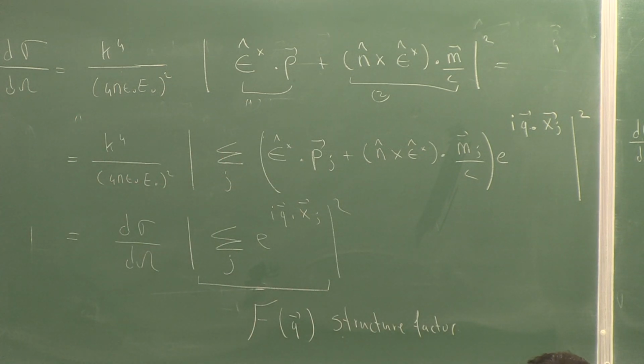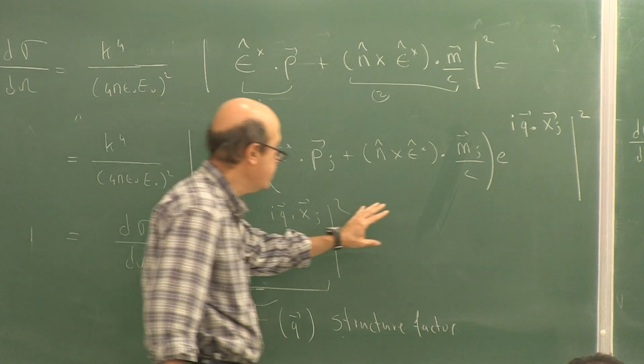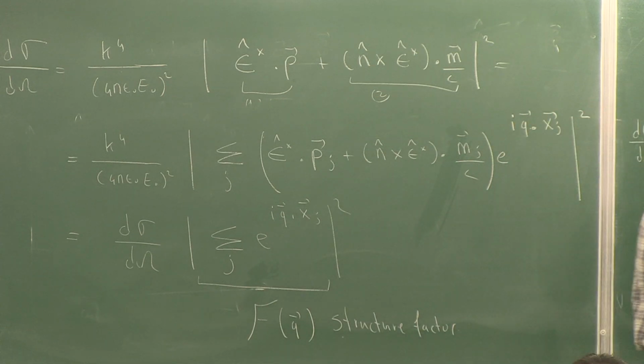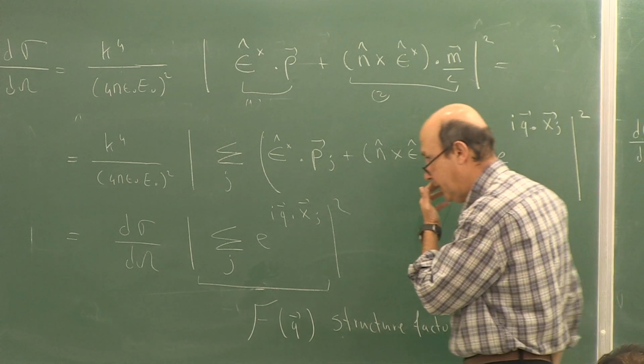So if you have a collection of scatterers, let me tell you again, this expression will come naturally when we study the scattering using the general Maxwell theory. That means we will write the wave equation and solve it if we have some perturbations in the medium, and that will come naturally.